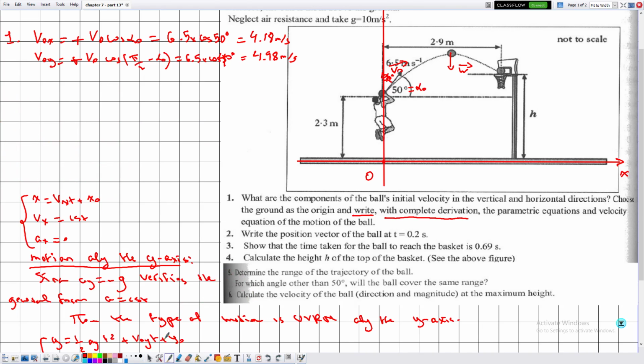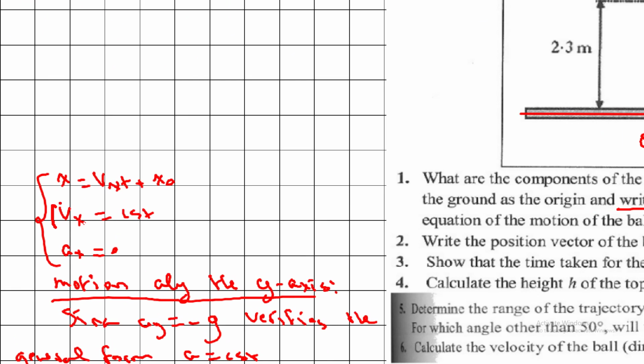the parametric equations along the x-axis are given by x is equal to v0 cosine alpha 0 t. Let me explain. Knowing that Vx is equal to a constant, then it can be determined from any instant.